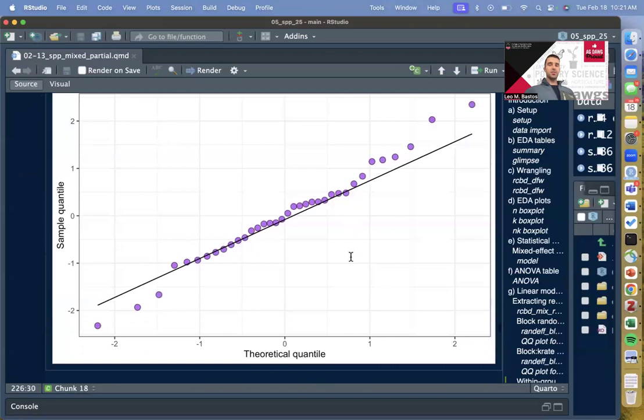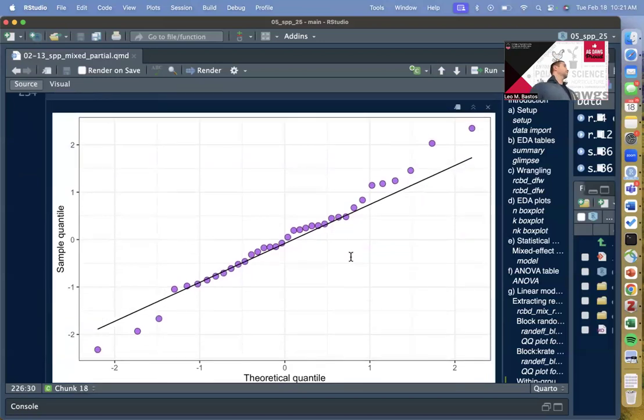This next plot is just a QQ plot for the error. Notice that the error does have 36 points in the residual because it is a residual for each one of your experimental units, whereas the random effects had 1 for each level of that random effect, so only 4 for blocks and then 12 for block by potassium rate.